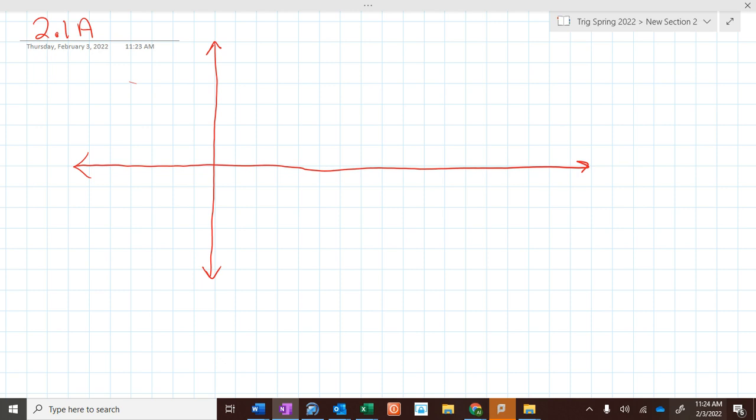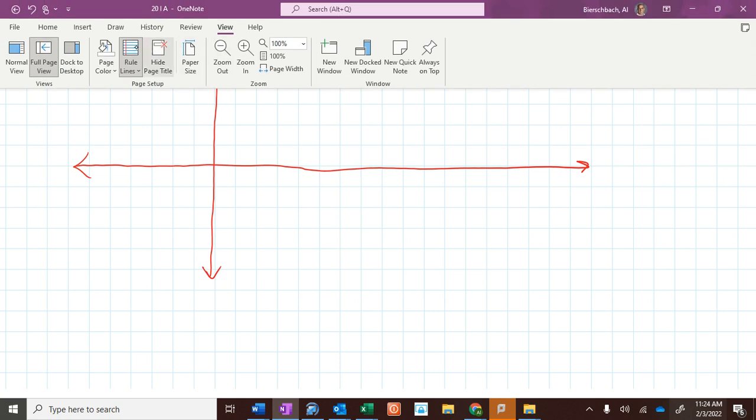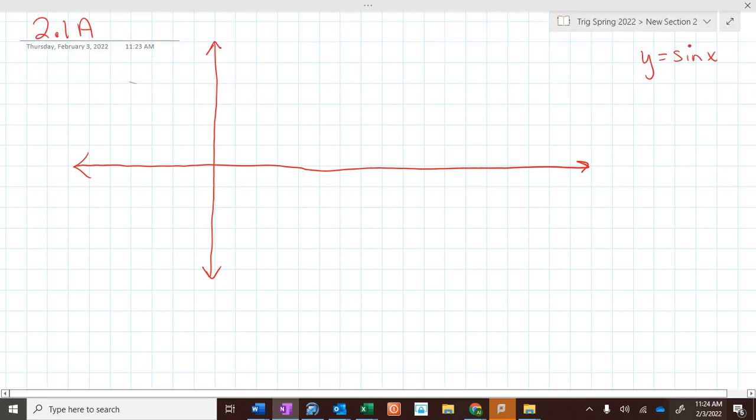Okay? So let's say y equals the sine of x. Now we know how to graph the line y equals 2x, right? How do we graph y equals 2x? If we put 0 in for x, y is 0.